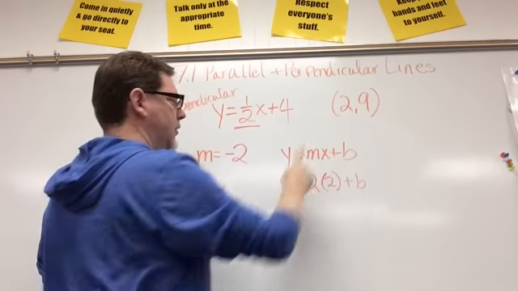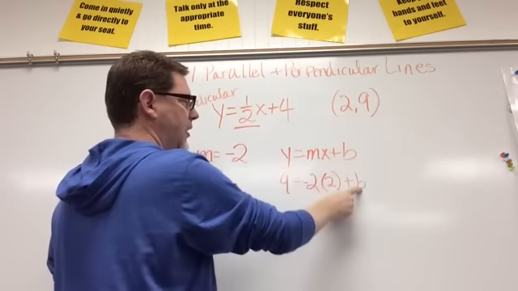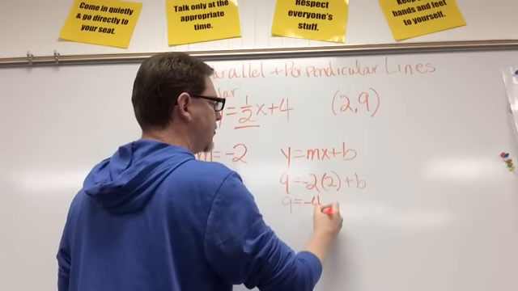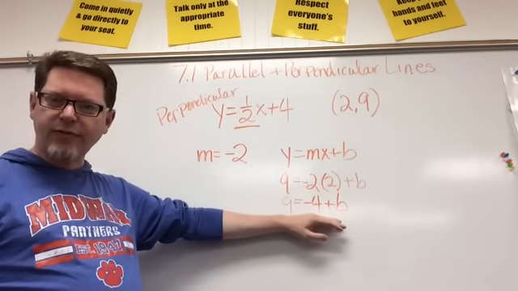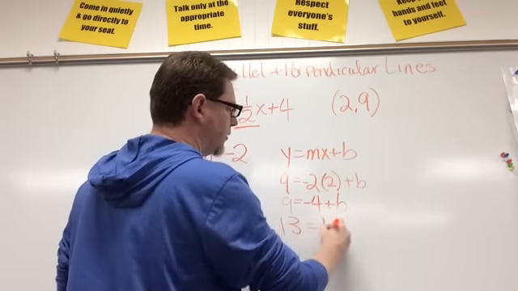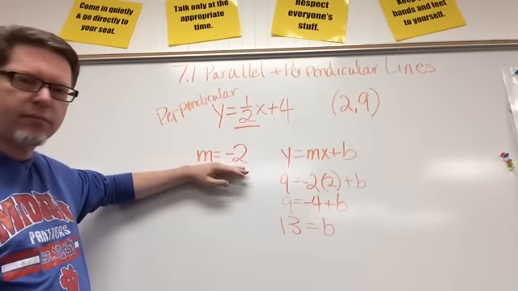Y, m, x, and then I'm looking for b. So 9 equals negative 4 plus b. And now I have to add 4 to both sides to get b by itself. Oh look, we come up with 13 again. So b equals 13.